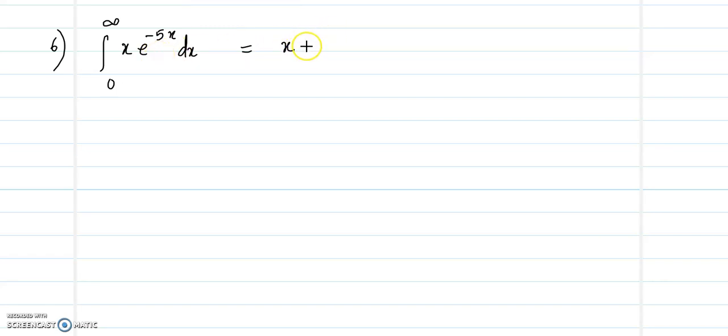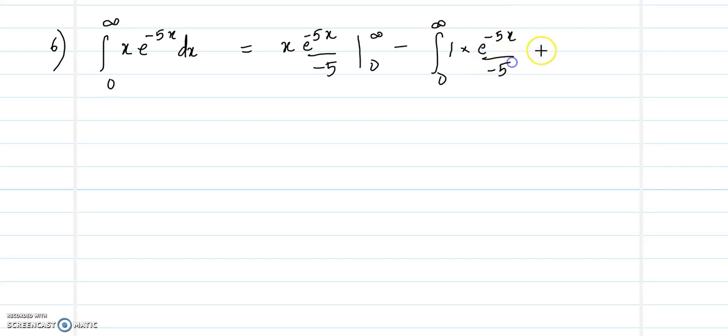So the integral of the second will be e power minus 5x by minus 5 from 0 to infinity, minus the integral of the derivative of the first. The derivative of x will be 1, into the integral of the second. So the integral of second function will be e power minus 5x by minus 5 dx.